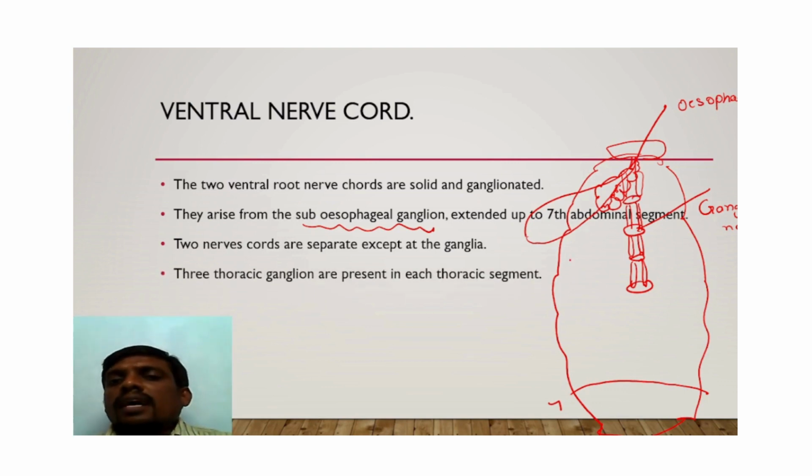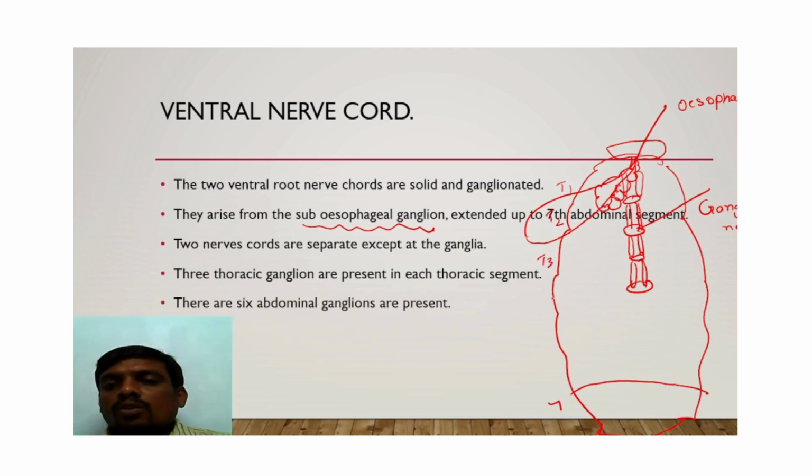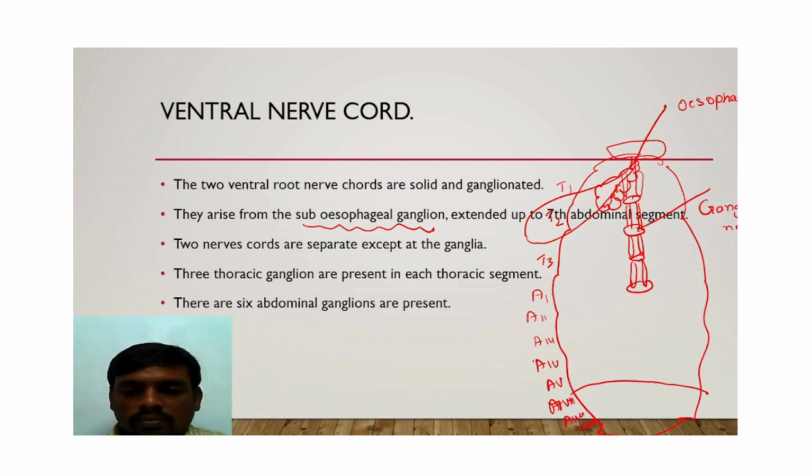Three thoracic ganglia are present: thoracic 1, thoracic 2, thoracic 3. Whereas 6 abdominal ganglia are present: abdomen 1, 2, 3, 4, 5, 6, 7 and 8.